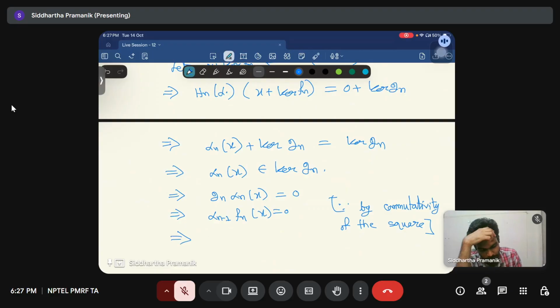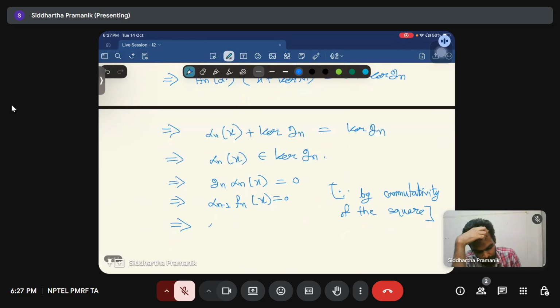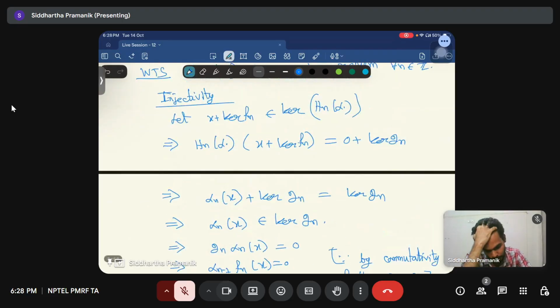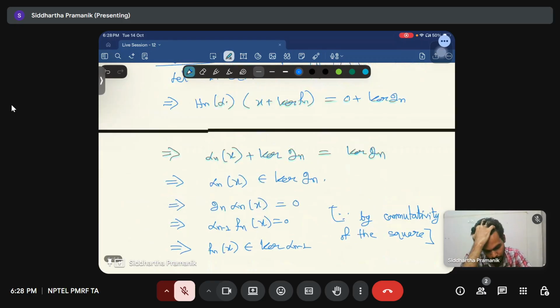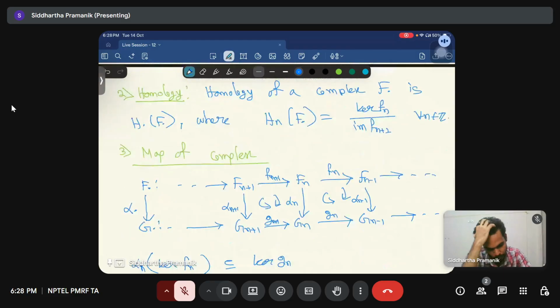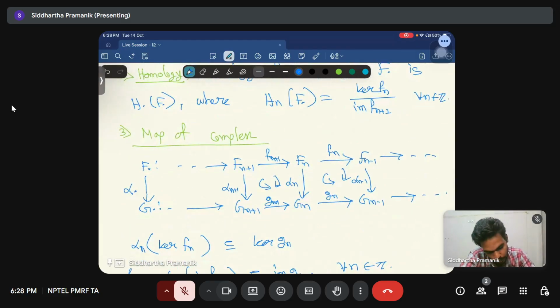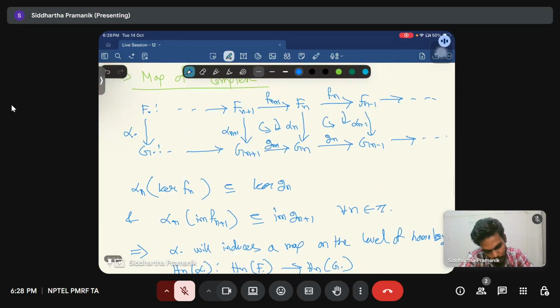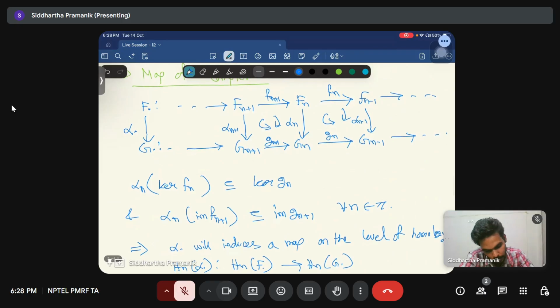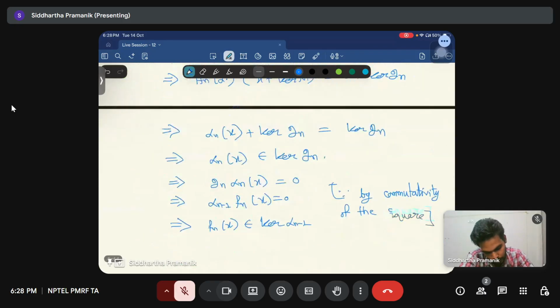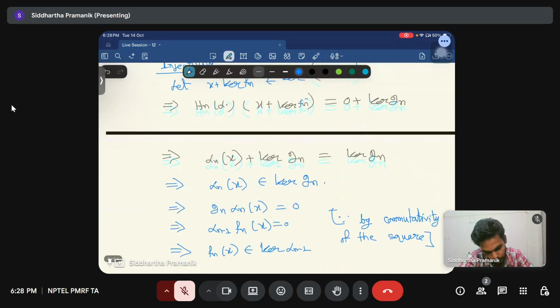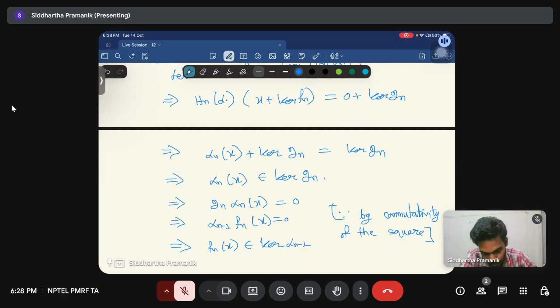That implies, so what we are doing here, that this fn x belongs to the kernel of alpha n minus 1. So what we want to prove?